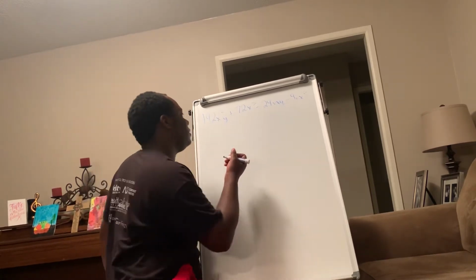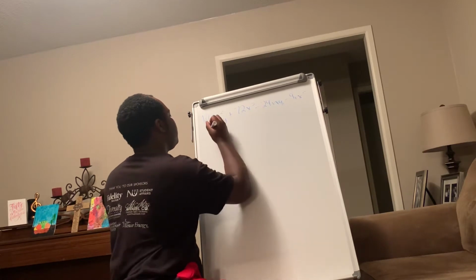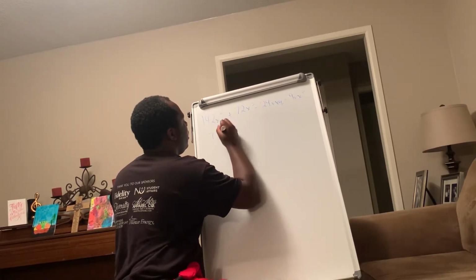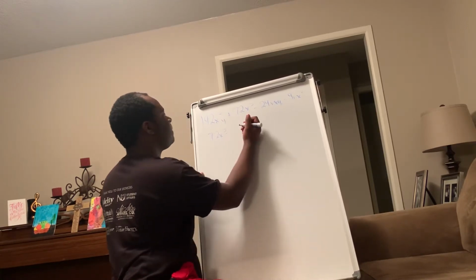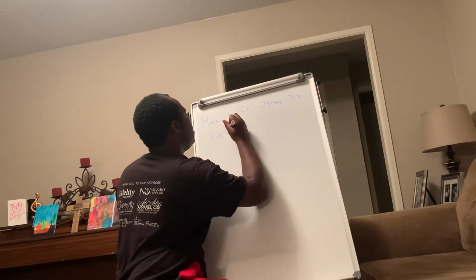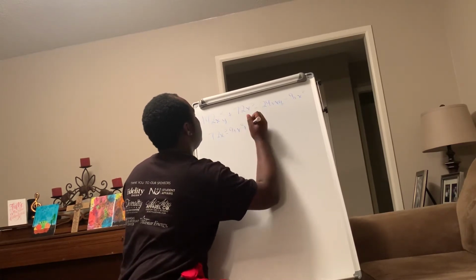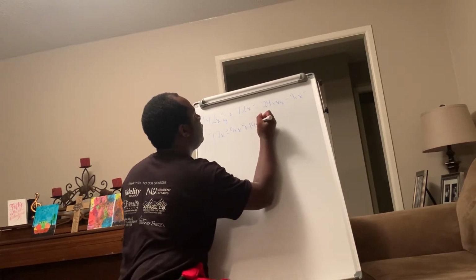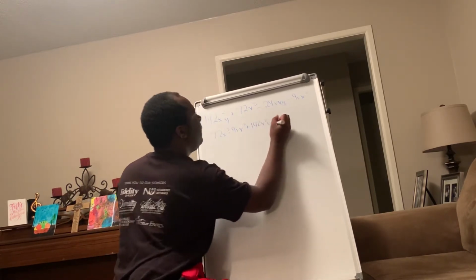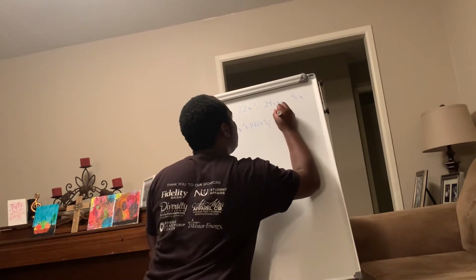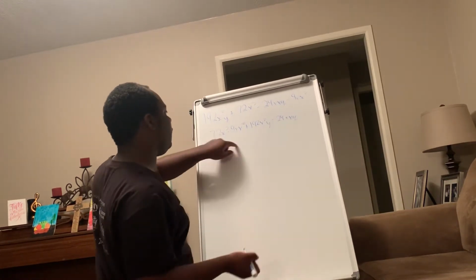So I'm going to rewrite it as 72x to the third minus 9rx squared plus 192x squared y minus 24rxy. Now I'm going to take 3x out of all this, because all these they can take 3x out of.